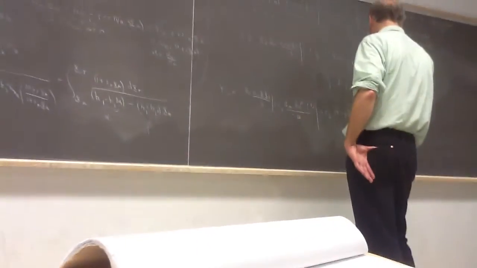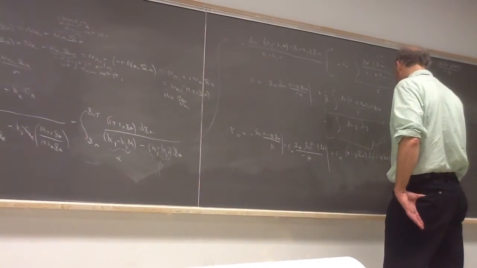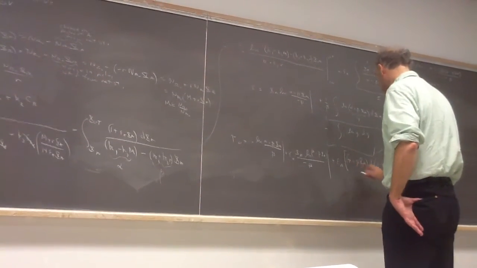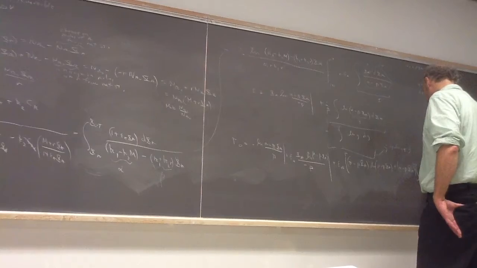So that's alpha minus beta XA log alpha minus beta XA plus alpha minus beta XA, evaluated from in to out.